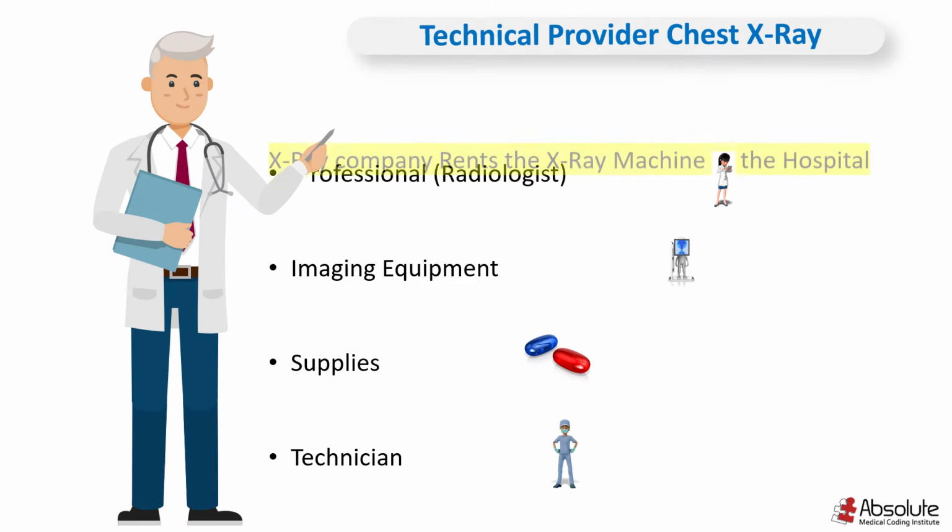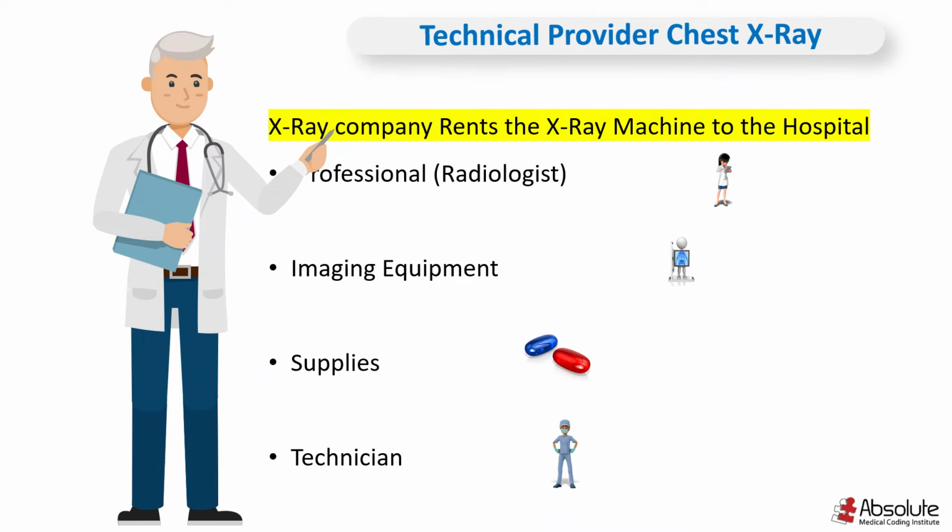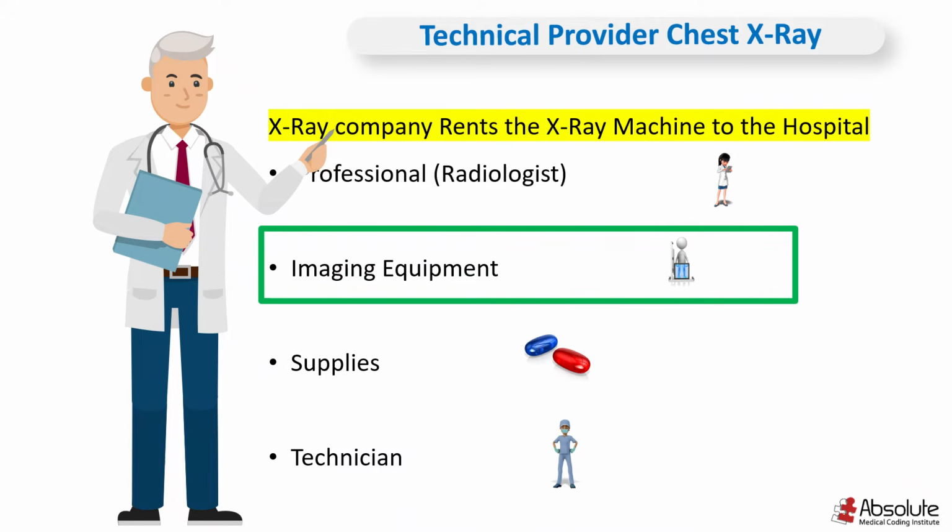Now, what if we have to code only for the technical component? Let's say an X-ray company provides the X-ray equipment to the hospital. Let's say the hospital doesn't own the X-ray equipment. Well, that X-ray equipment company is going to have to get paid, and they're going to append the TC modifier at the end of that chest X-ray.